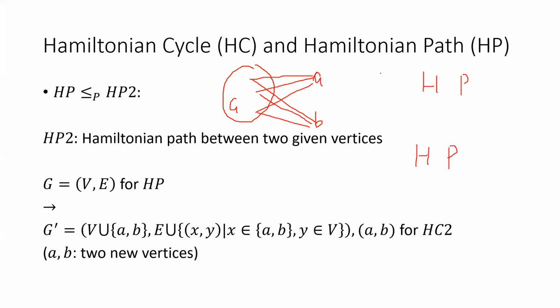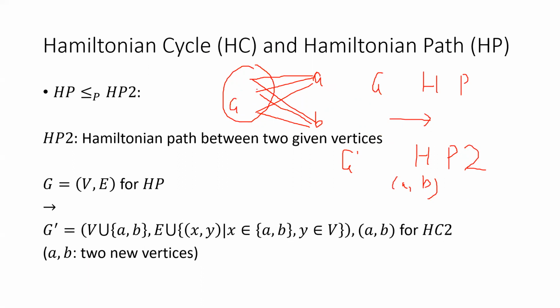If graph G has a Hamiltonian path, then we want to know whether we can reduce it to a problem of G prime having a Hamiltonian path with two specified vertices. And we can. Under this construction, we give A and B as the starting point and the end point for this HP2 problem.